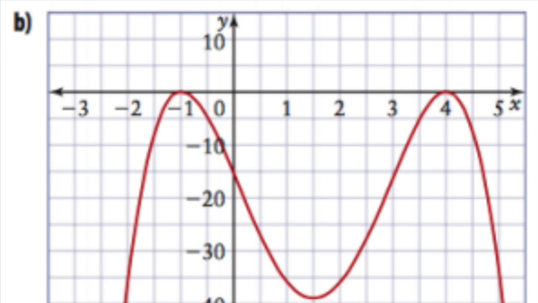So for graph B, there are 2 x-intercepts, one at -1, 0, and one at +4, 0. When we look at the function and we see how it reacts when it touches the 2 x-intercepts, we can see that the line approaches the x-intercept and touches it and intersects at the x-intercept point, and then it moves into an opposite direction.